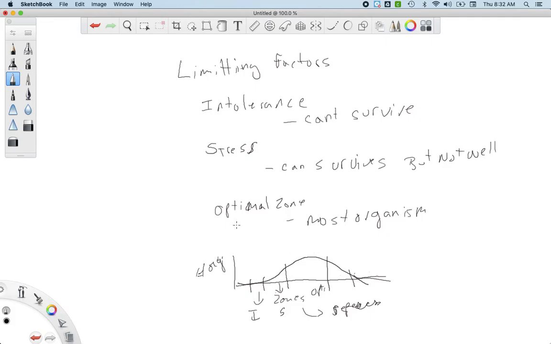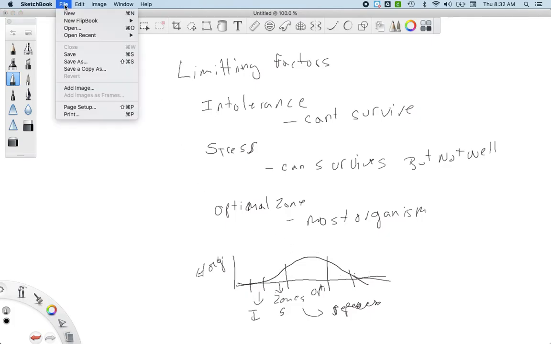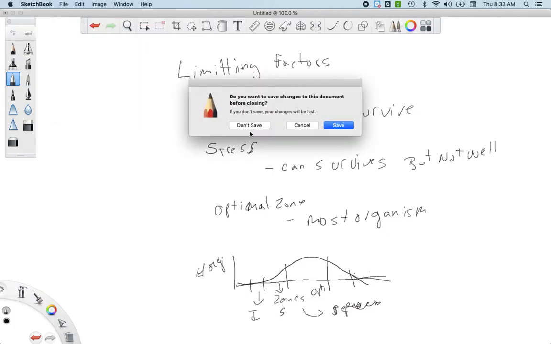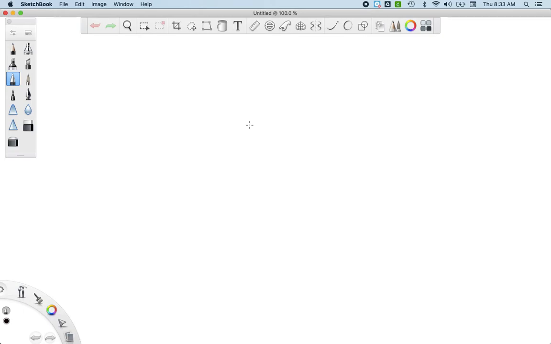All right, the next thing I want to touch on is when we have disturbances to an ecosystem. Most places are at a stable ecosystem. And most ecosystems are going to be very much changing throughout time, but they're relatively stable.